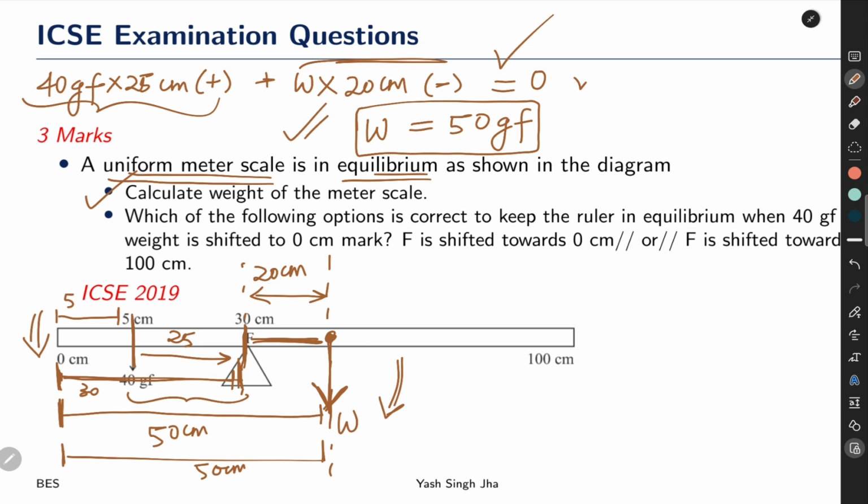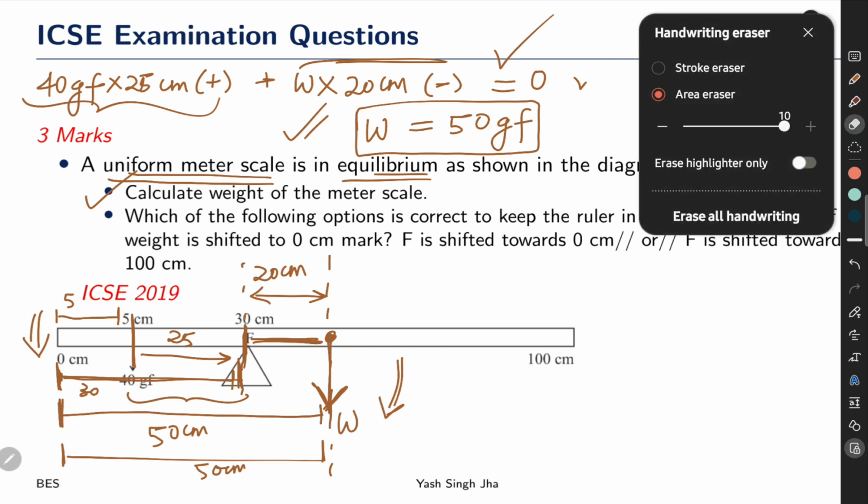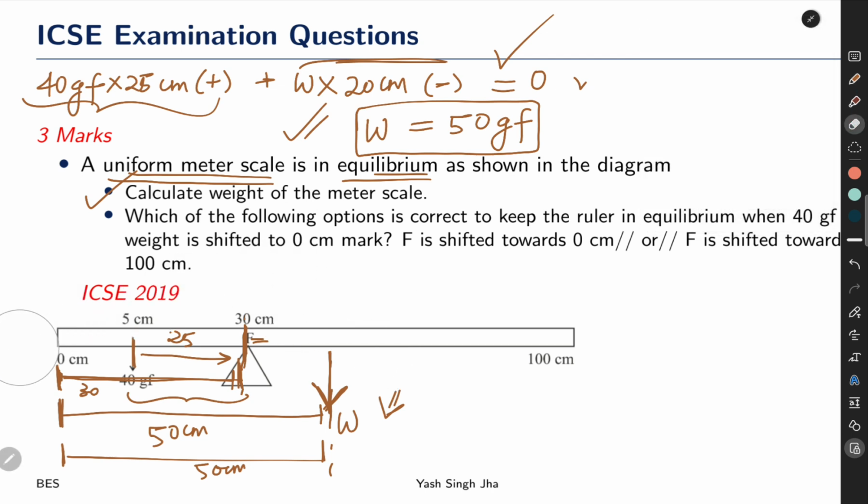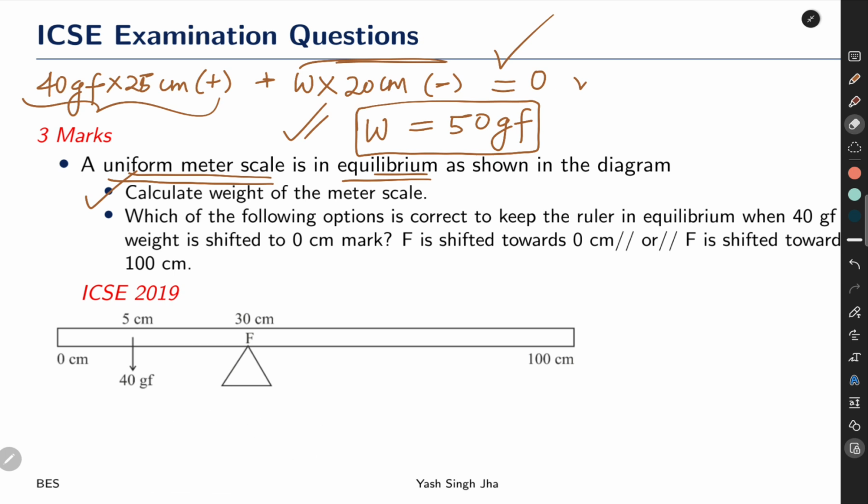Which of the following options is correct to keep the ruler in equilibrium when the 40 GF weight is shifted to the 0 centimeter mark? Okay, what they are trying to say is, now we shift the 40 GF force to the 0 centimeter mark.